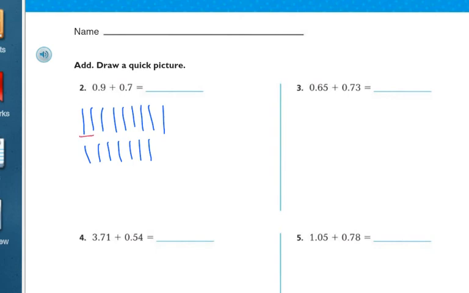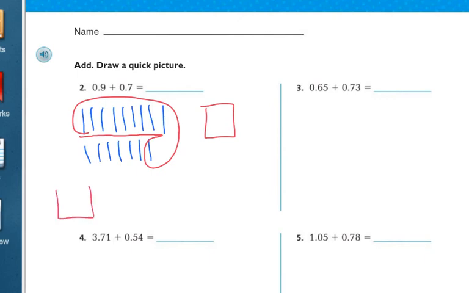I can have 9, plus one more over here. I can trade that out for one flat because there's 10 of them. So then my answer is going to be 1 flat plus, how many do I have left here? I have 6. So the answer is 1 and 6/10.